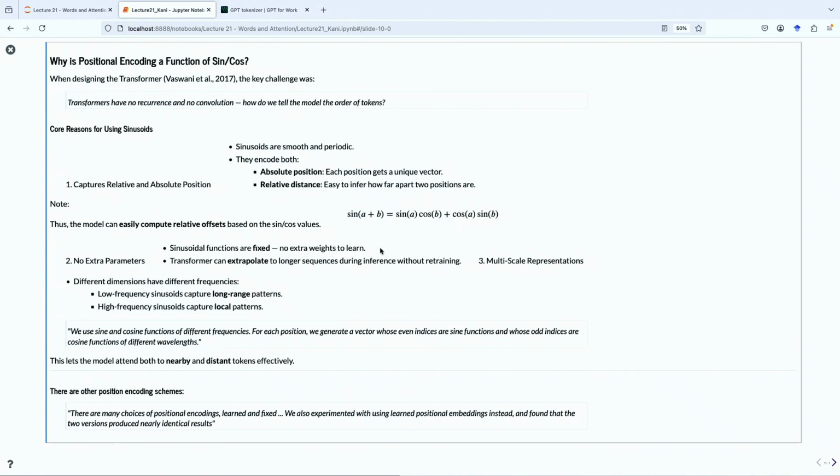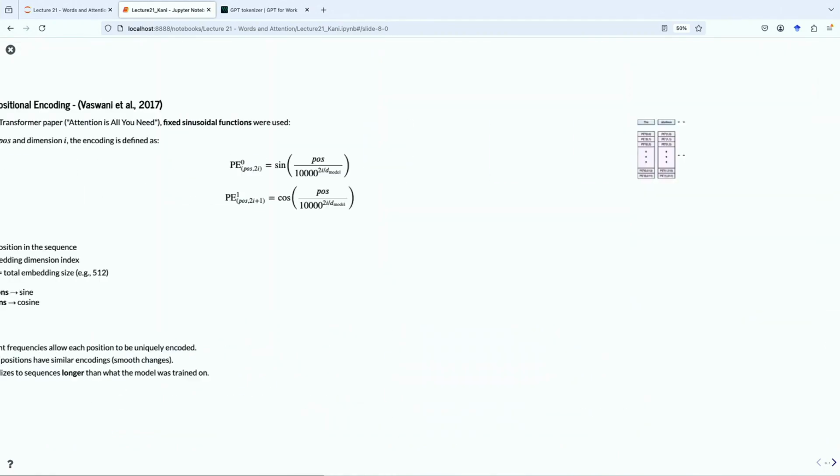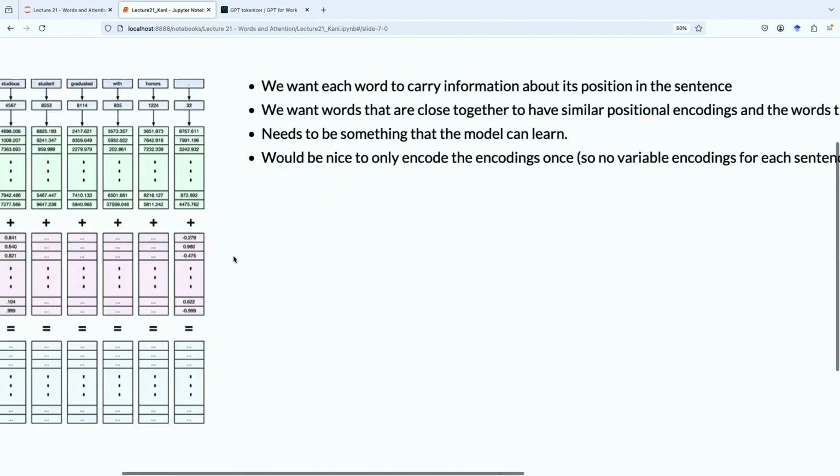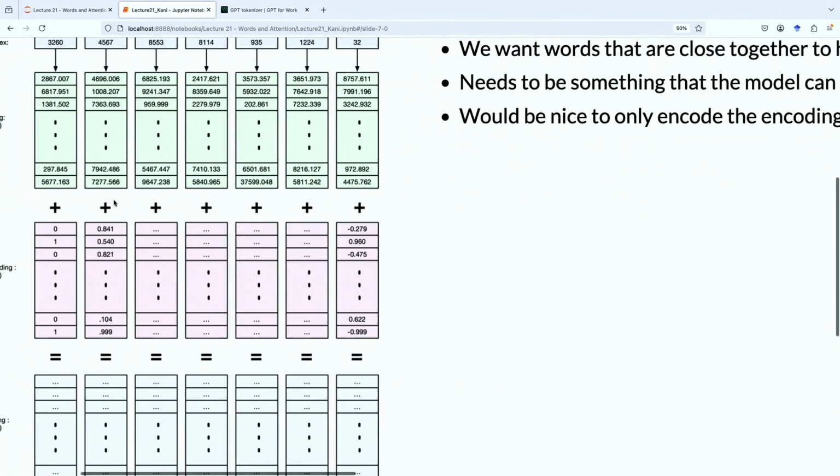And putting that together, adding that to the original embedding, remember, we're not giving the model these values on its own. We're actually adding these to the original embedding.